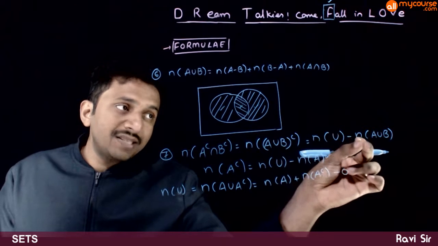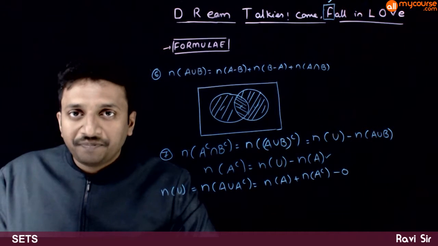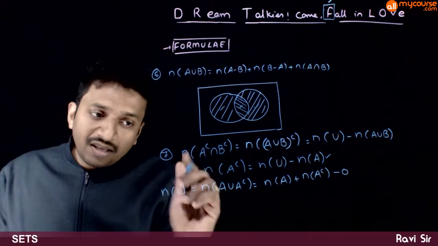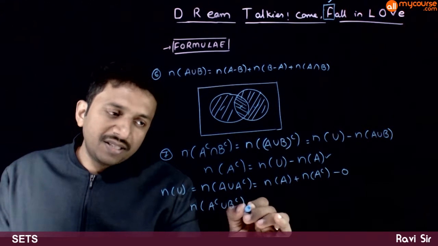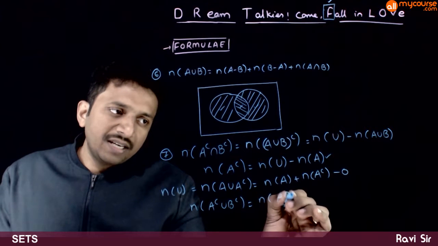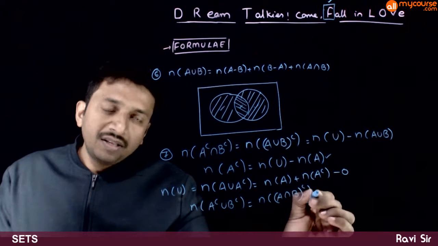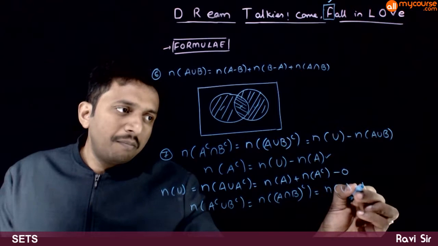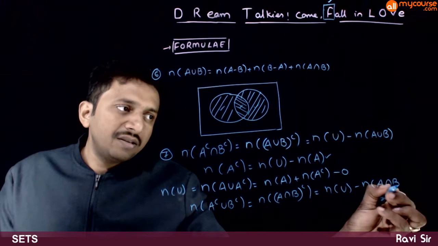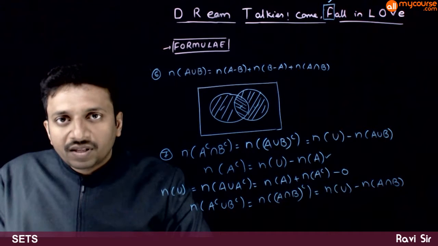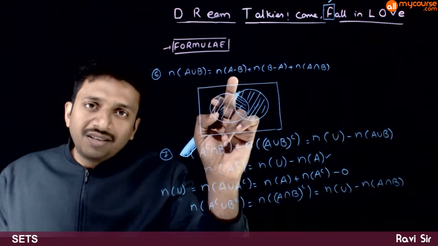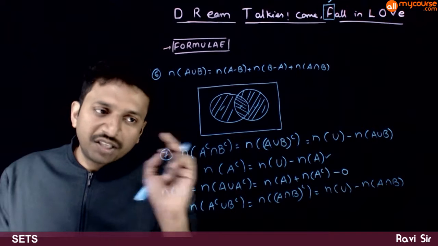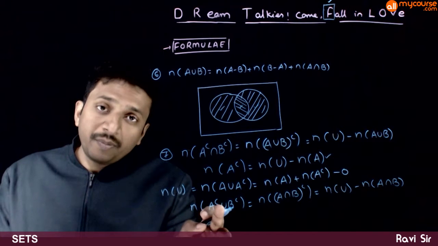N of U minus n of A union B. Similarly, n of A complement union B complement is nothing but n of A intersection B whole complement, that is equal to n of U minus n of A intersection B. So these are the next set of formulas. N of A union B is this, n of A complement intersection B complement, n of A complement union B complement.